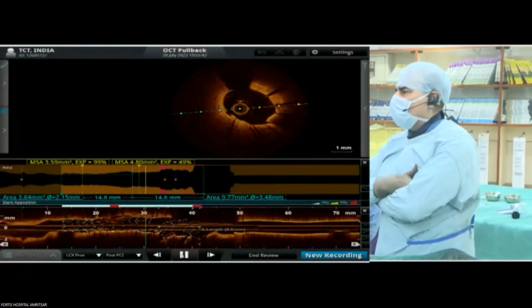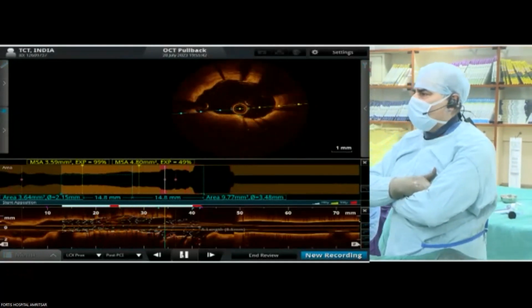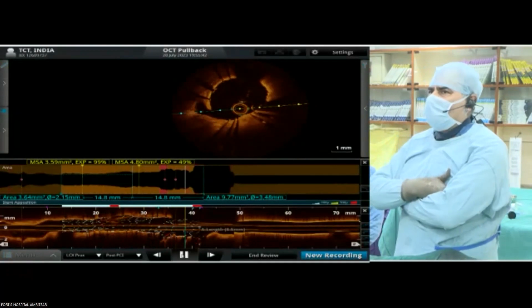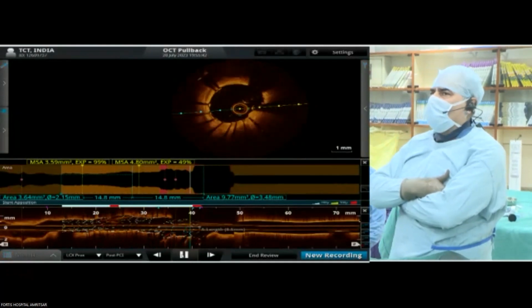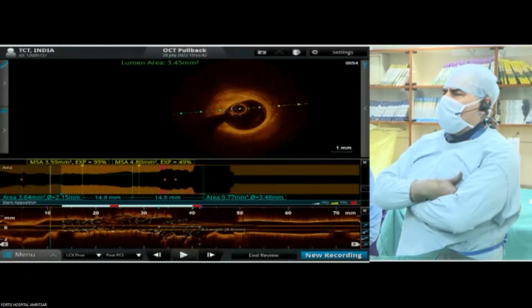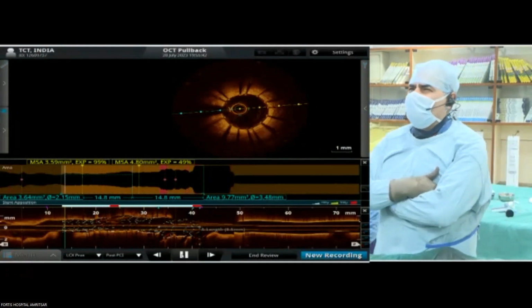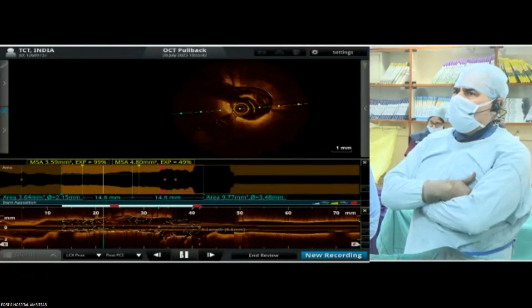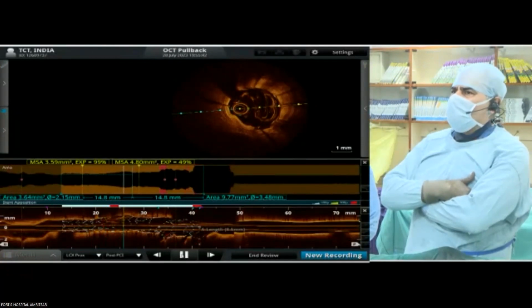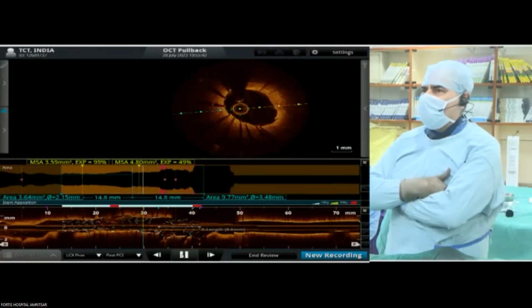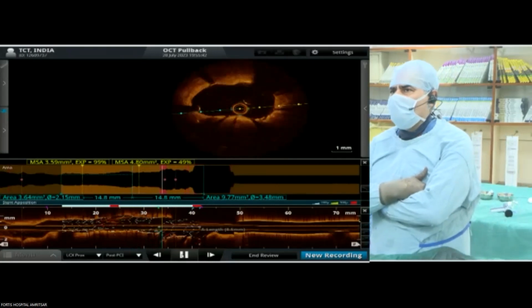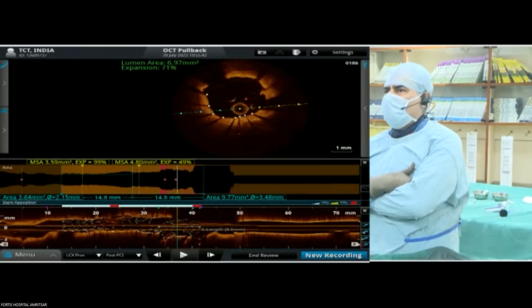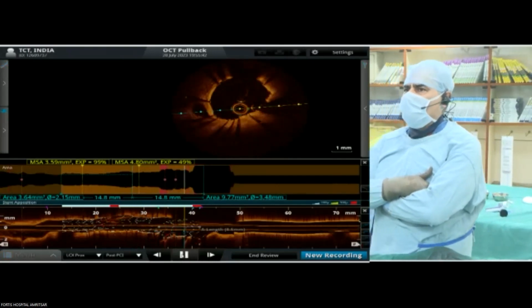The OCT shows a well-apposed, well-deployed stent, and the ostium is covered. There is about 1.4 millimeter of the stent in the left main, and it appears to be good. Please have a look at this and tell me what the house feels about whether they are happy with the result.